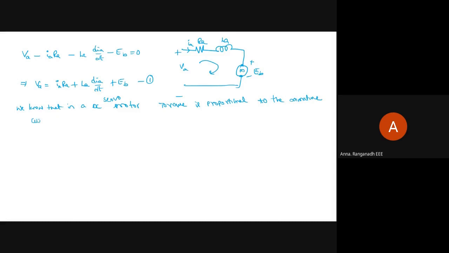That is, T is proportional to IA. If you remove the proportionality, you will get T equals KT into IA. This is equation number 2. This KT is called the torque constant.